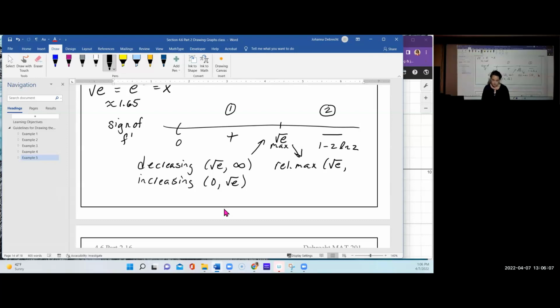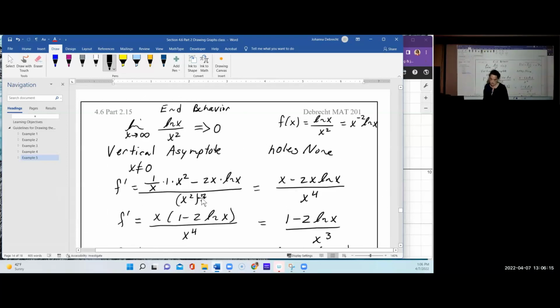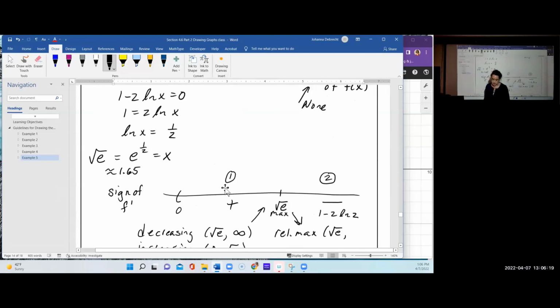Now I need to find the function value, and remember my function is natural log of x over x squared, all right? So that was my original function, this natural log of x over x squared.